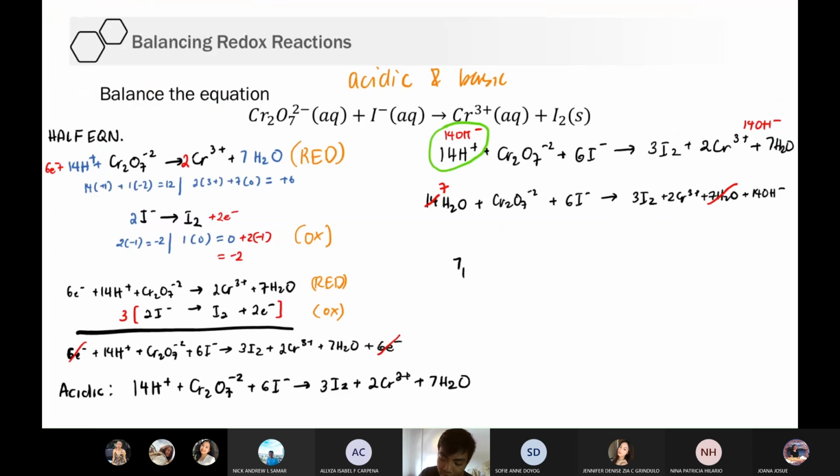So the basic equation will be 7H2O, Cr2O7 negative 2, 6I minus, 3I2, 2Cr3 plus, and 14OH. So this is the basic equation.